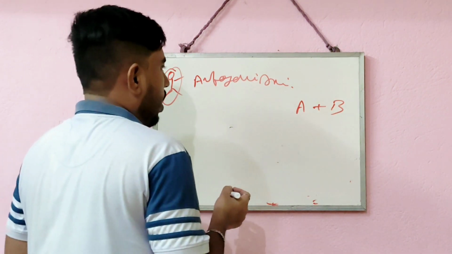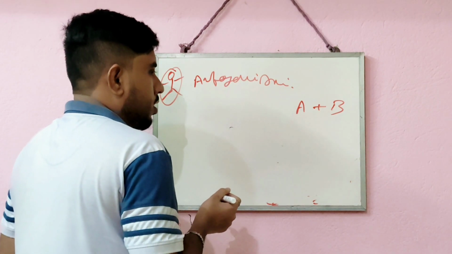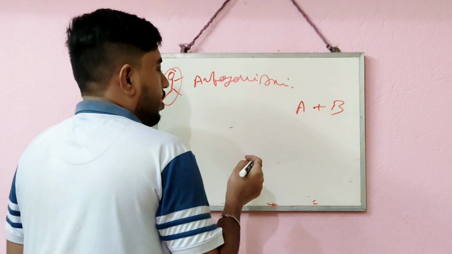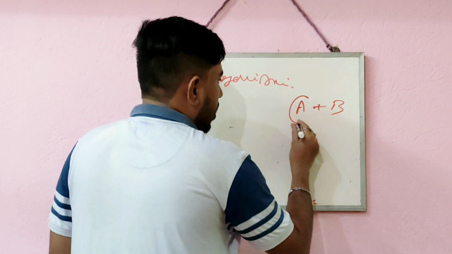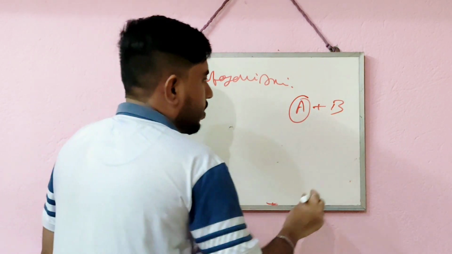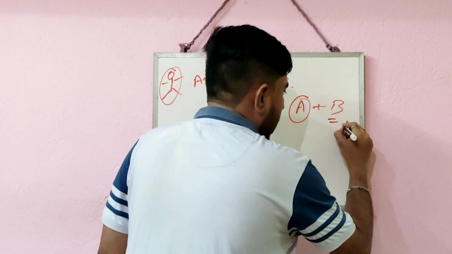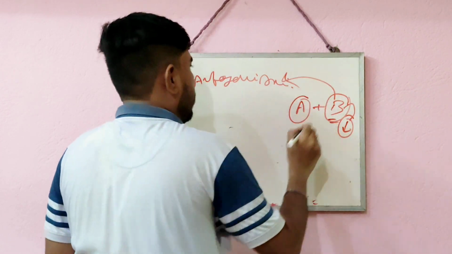Before, I told you that in synergism one drug helps another drug in showing its action, that means it increases the action of the other drug. But in antagonism, one drug will decrease or inhibit the action of another drug. So here drug A is going to inhibit the action of drug B, and that is called antagonism.